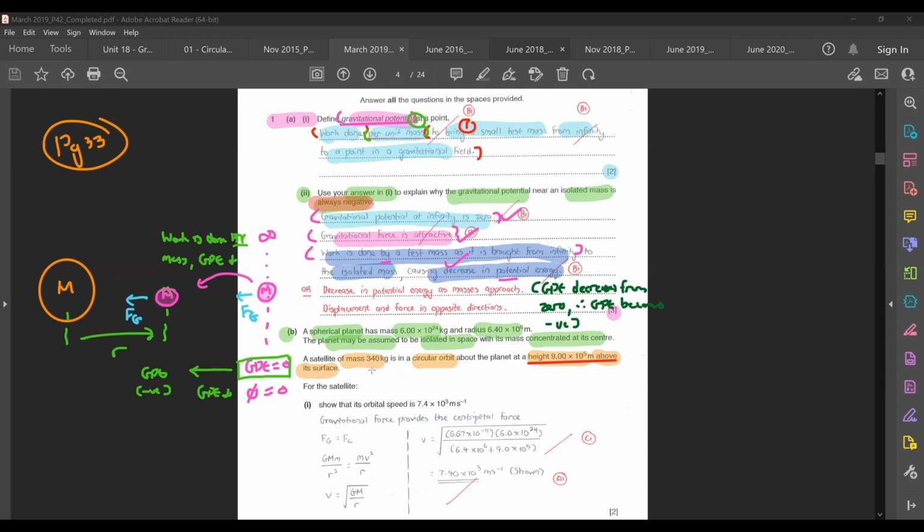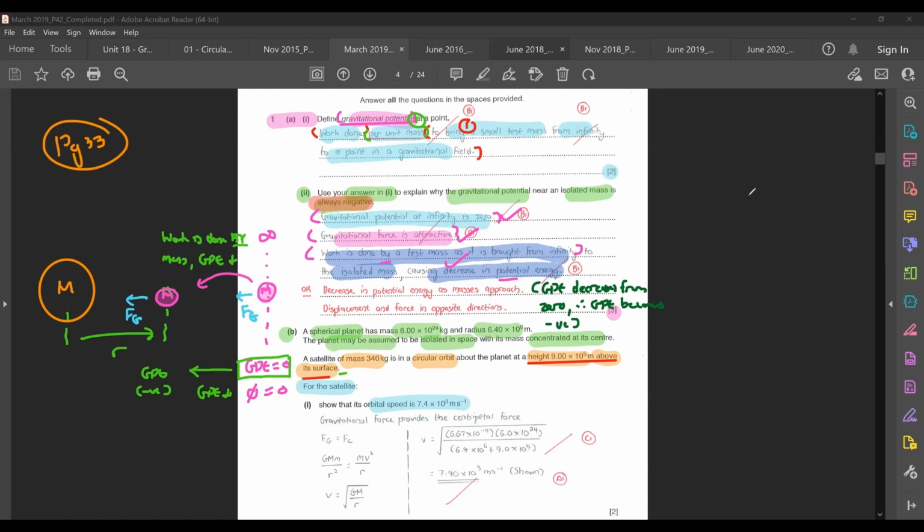You are at a height of this much above the surface. So for the satellite, show that its orbital speed is 7.4 times 10 power 3 meter per second.